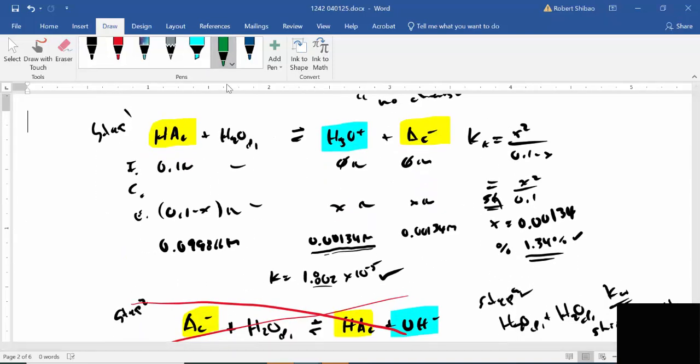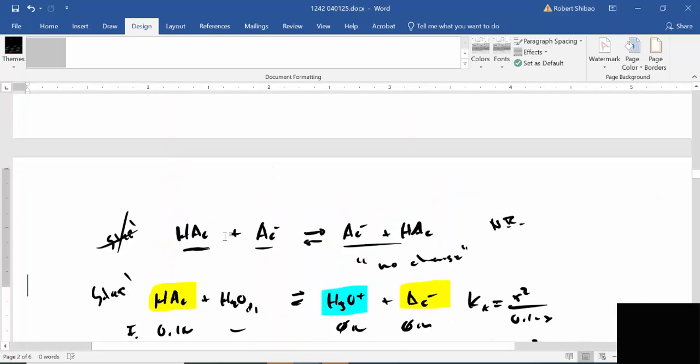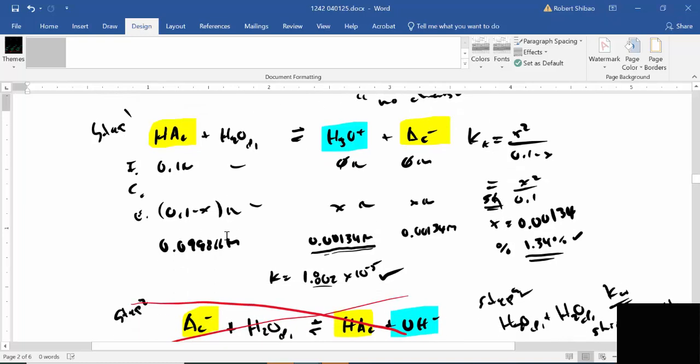I cannot start with 0.100. That would be just like acetic acid and water and nothing else. In reality, this is the wrong pH. And my error was because of this. Of course I have acetic acid in there, but I also have acetate. I have 0.1 molar acetate. And therefore, this doesn't come out to x down here. This comes out to 0.1 plus x.